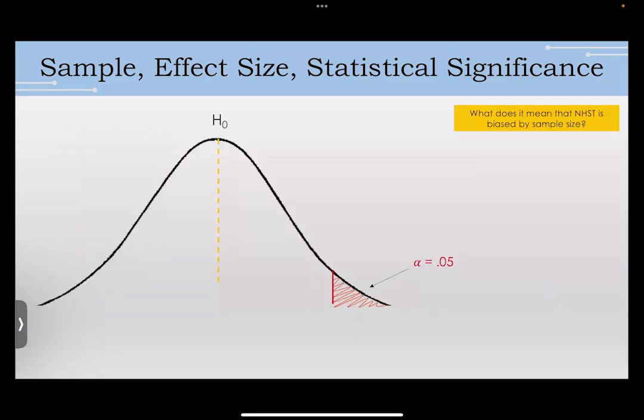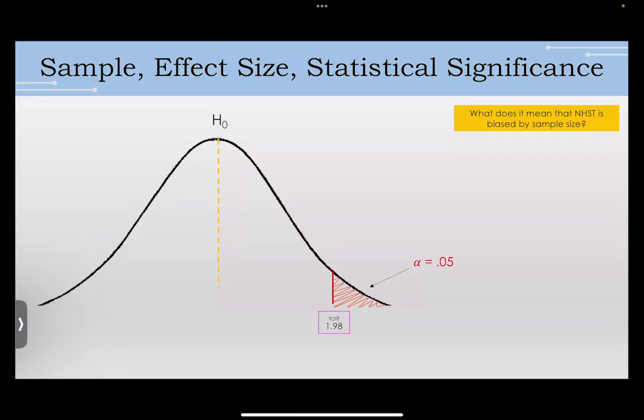So what does it mean when I say NHST is biased by sample size? This really belongs in the limitation section, but it relates so much to power and statistical significance and effect size that I wanted to include it here. So here's our null hypothesis. There's our rejection region of 0.05.